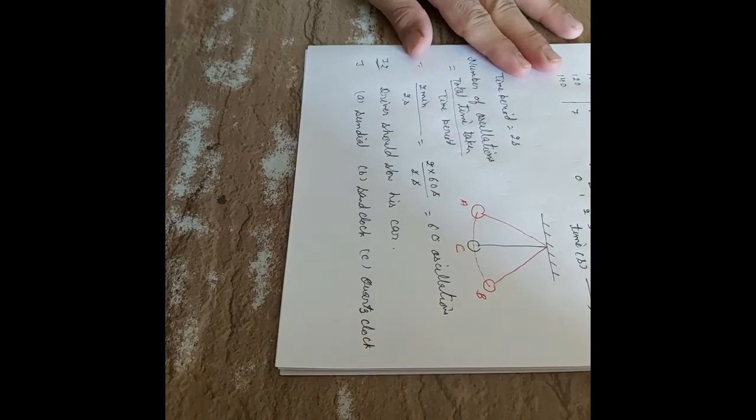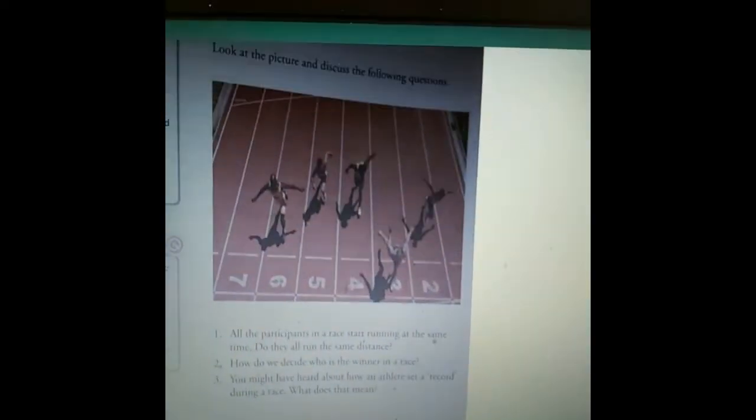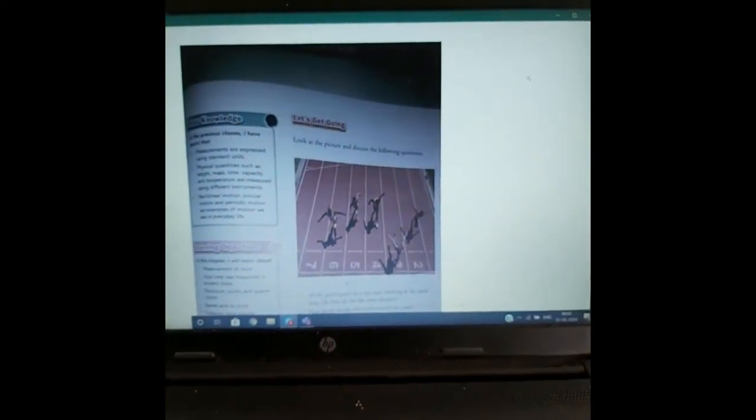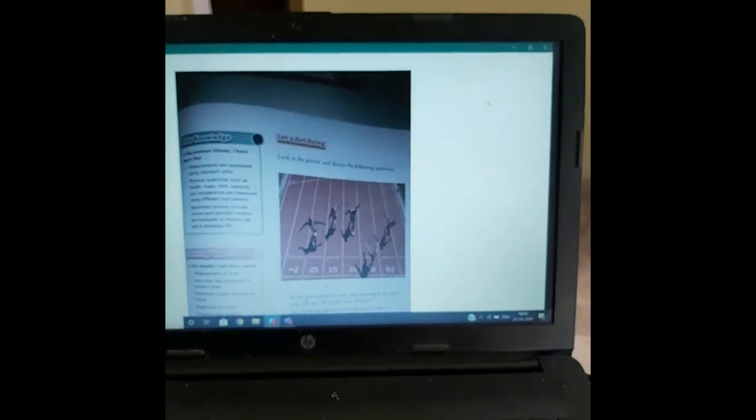Now, students, see this picture. All of you see that it is an athletic meet.